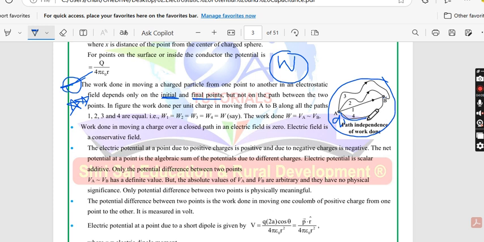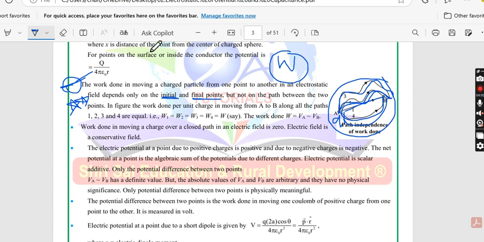Point A, and the other point is B, but not the path between the 2 points. So whatever way it is moving, like first from point A to B it is moving like this. And suppose it moves like this in a zigzag manner, or in a third manner it moves like this, or it can be like this.